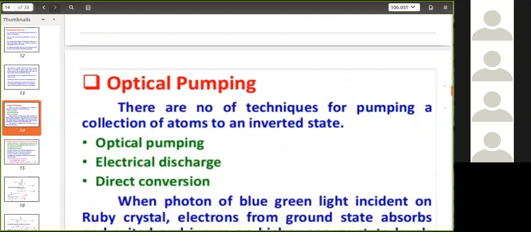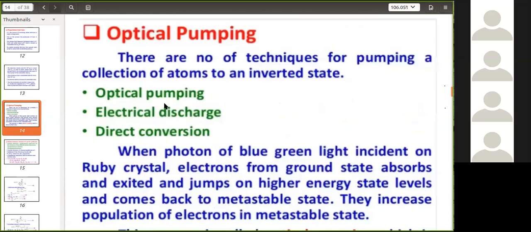So there are various methods called optical pumping, electrical discharge, direct conversion. So optical pumping में we use light to energize the atoms. So pumping is basically nothing but giving energy to the system.